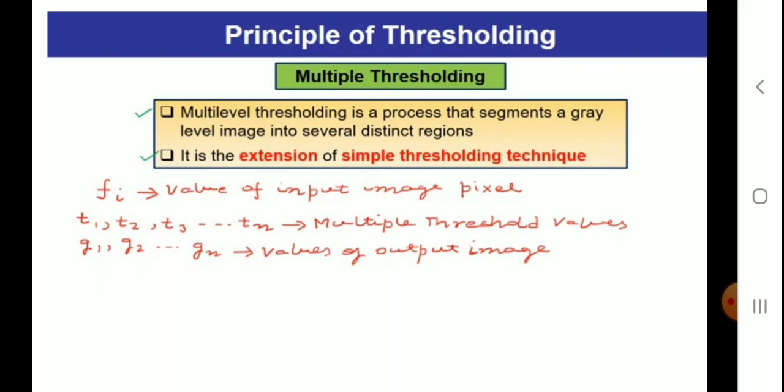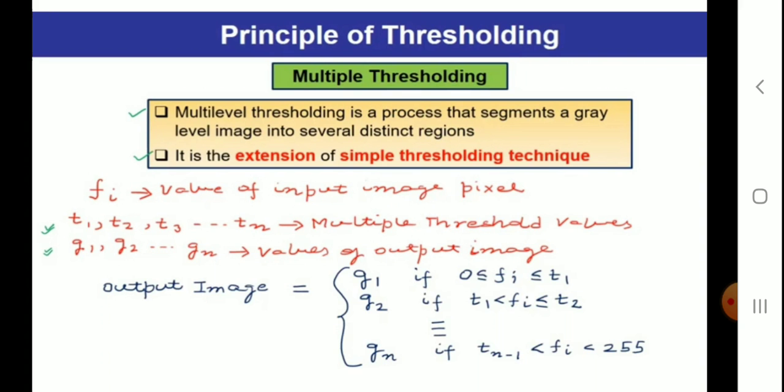Next we have the multiple thresholding, which is a process that segments a gray level image into several distinct regions. It is the extension of the simple thresholding technique, where for the input image pixel values we have multiple threshold values t1, t2, t3 to tn and output image values g1, g2 to gn.